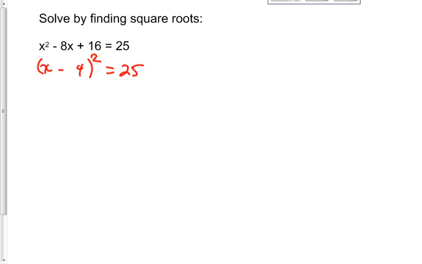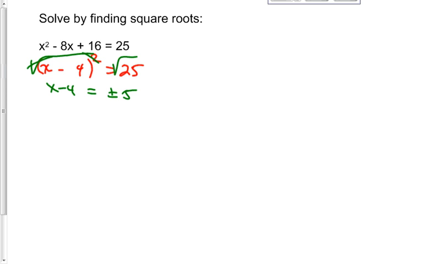Now my goal is to solve for x. So the first couple questions in your homework are in this category. All you're going to do is factor the left-hand side by using your perfect square trinomial, and then square root both sides. Square rooting cancels. X minus 4 equals. Here's where you need to remember that anytime you square root, you have both a plus and a minus.